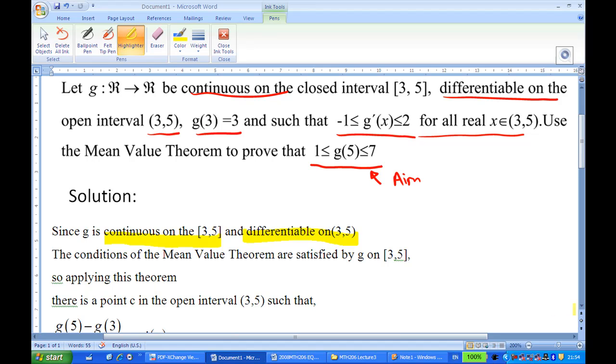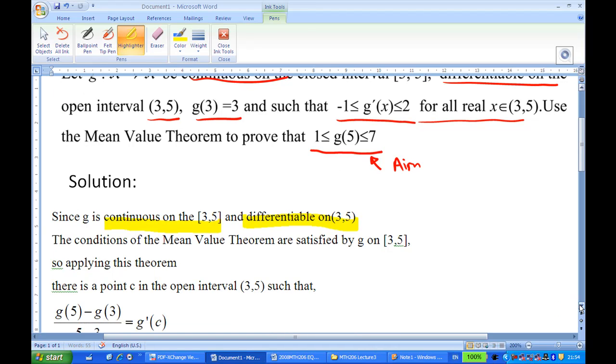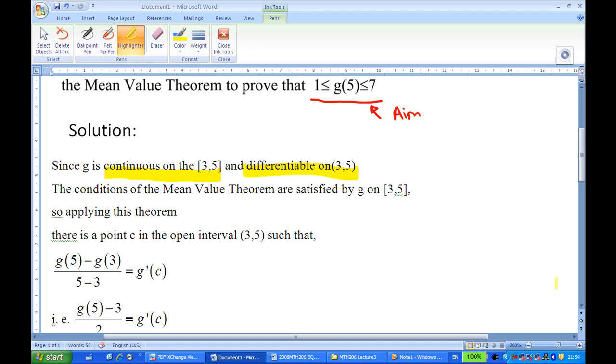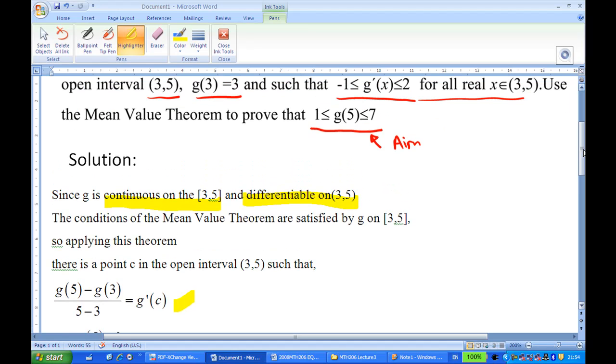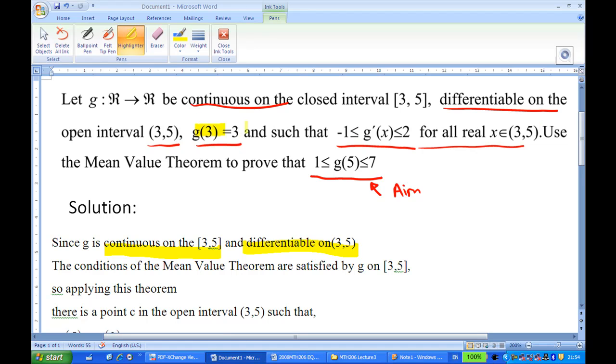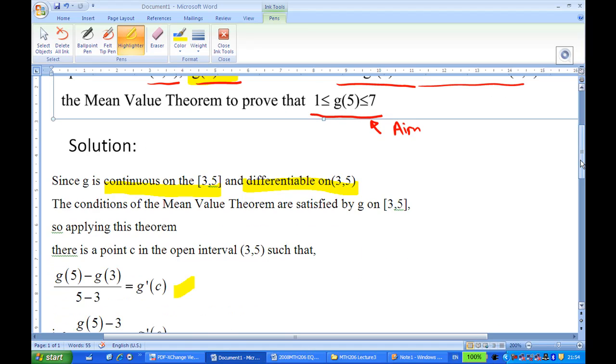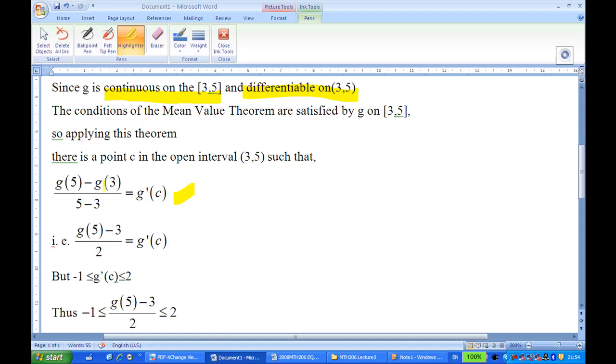So applying the theorem, there is a point c between 3 and 5 such that g of 5 minus g of 3 over 5 minus 3 is g prime of c. Now, based on the question, g of 3 is equal to 3, so we make use of that. So this is equal to g prime of c, where c is between 3 and 5.